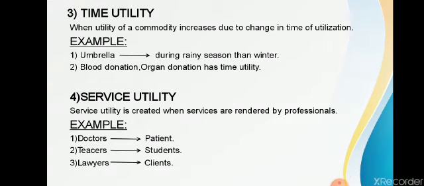For example, the umbrella has greater utility during the rainy season as compared to the winter season. So it is an example of the time utility. Similarly, blood donation and organ donation have a time utility. Got it? So I hope the third one, time utility, is clear.